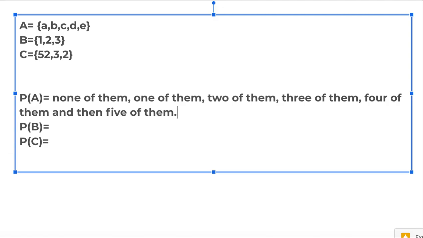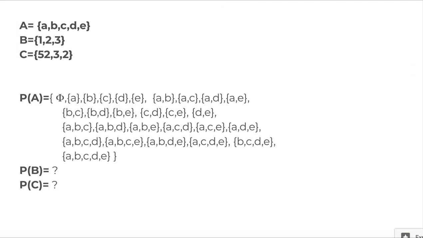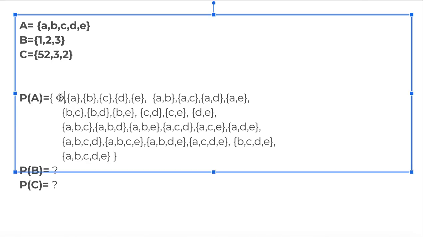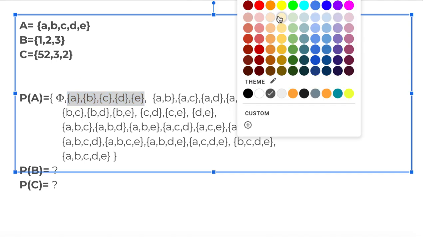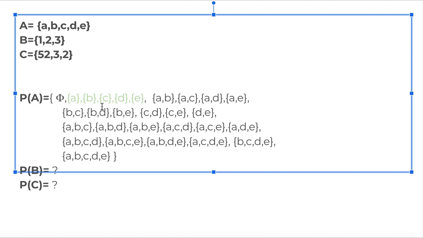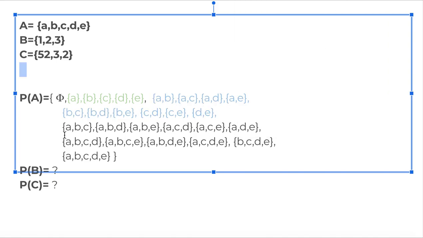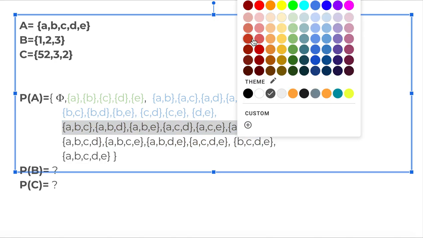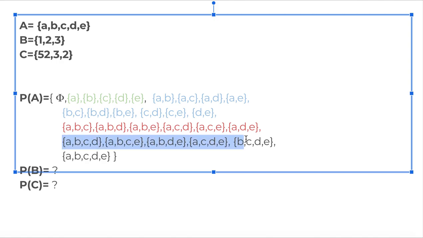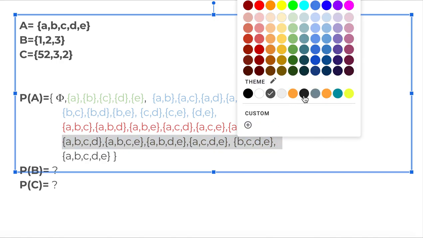Okay, so let's just look at the elements written down. So here you have none of them, then here it is all one of them. Let me just color them up for you. So these are one of them, all of these are two of them again, then the three of them, four of them, and five of them.